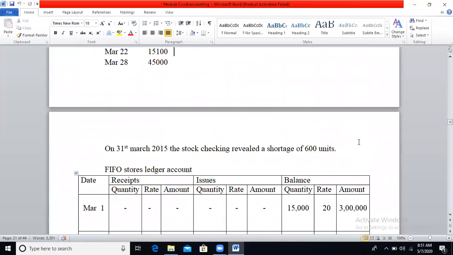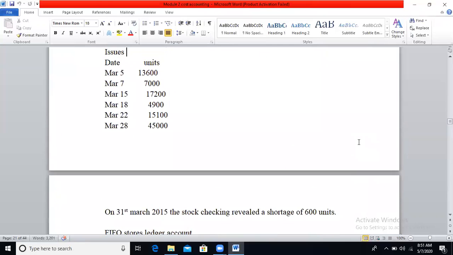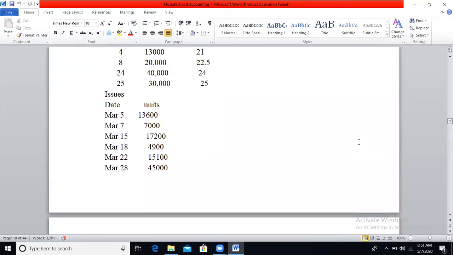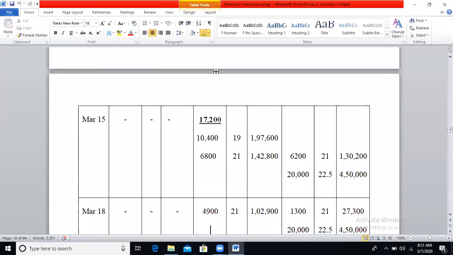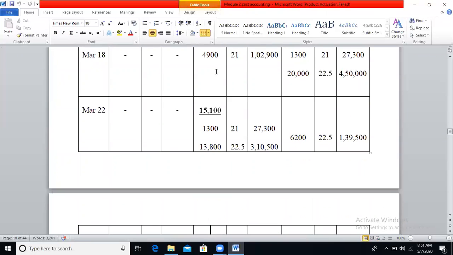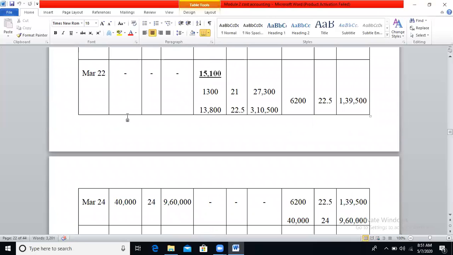The next transaction is March 24th. We are purchasing 40,000 units at rupees 24. Purchases will be considered as receipts. So March 24th, the number of units receiving is 40,000 units. The rate will be 24.